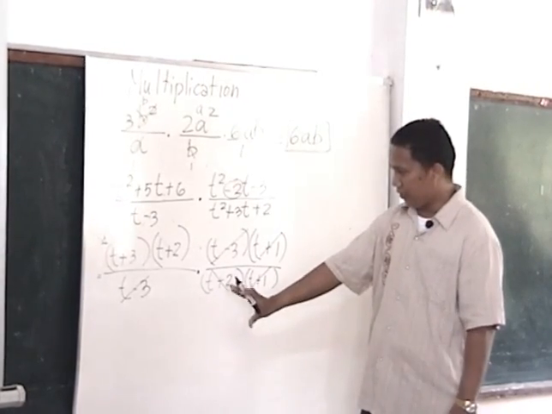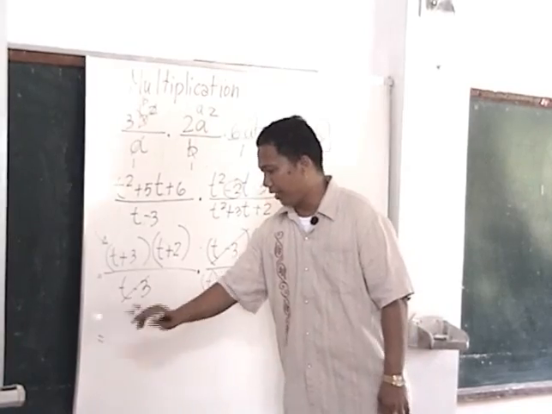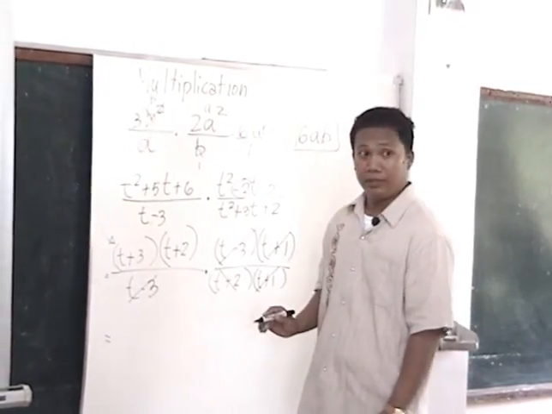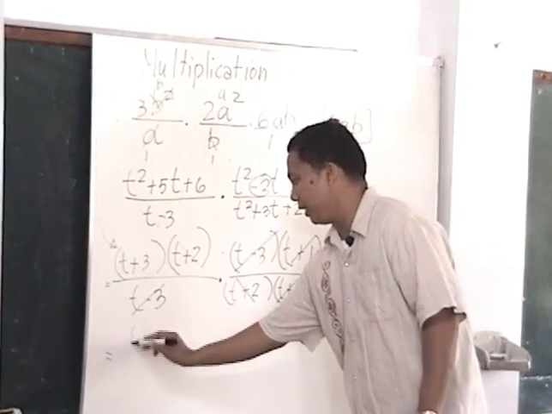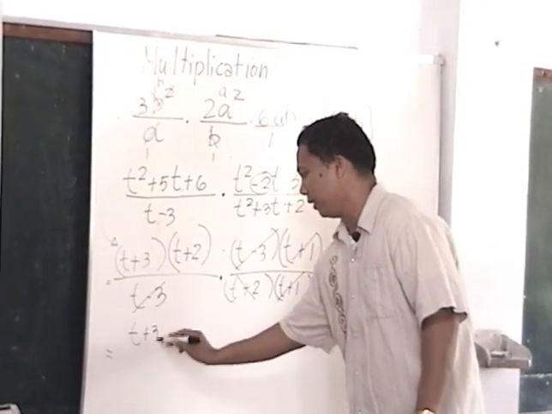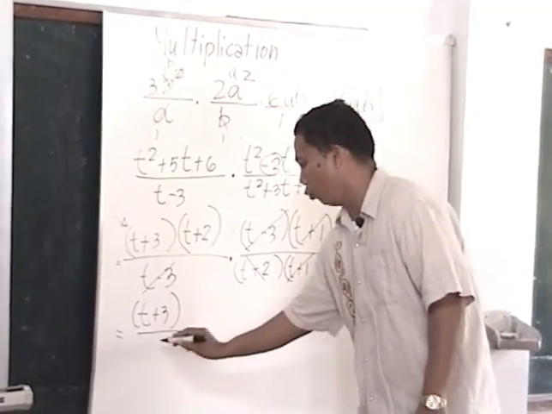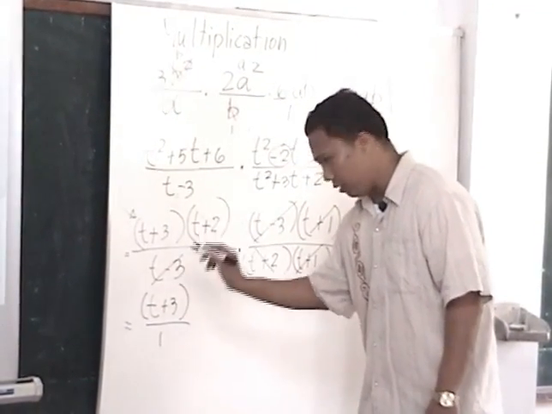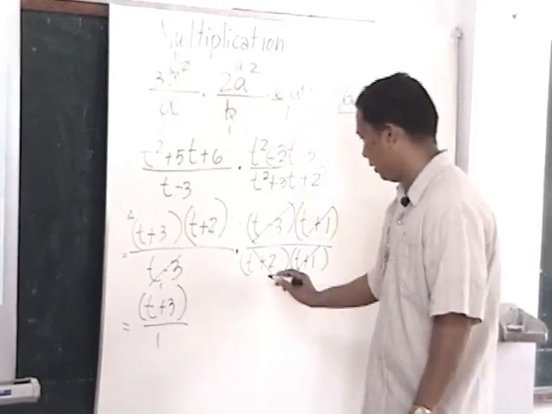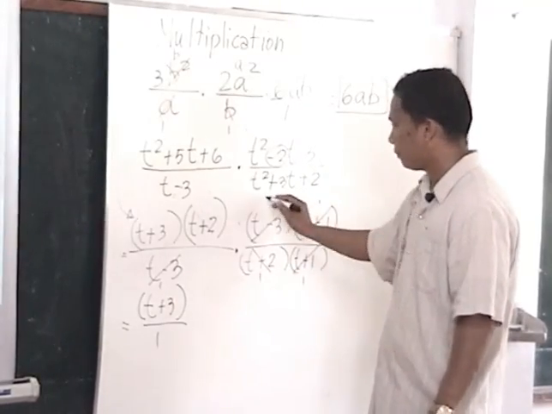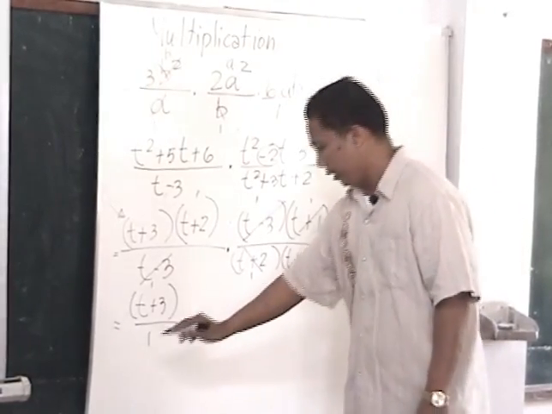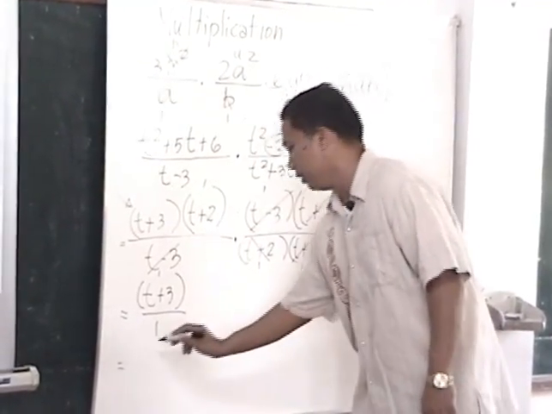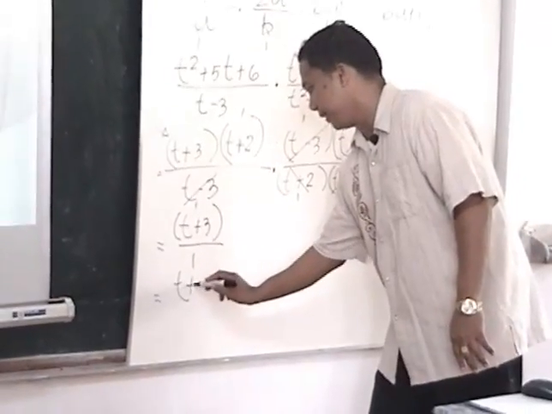So, since this is now prime, we are having only one value that is left behind. So we have t plus 3 all over 1, because when you cancel out, there is 1 here. So this is equal to t plus 3.